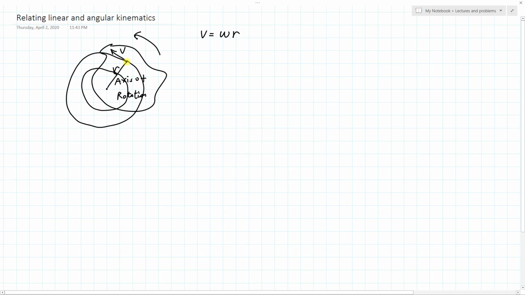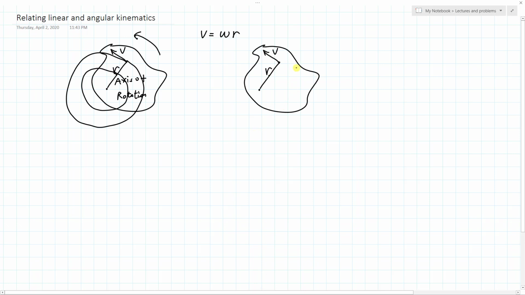So that requires the linear speed to increase, right? That means there needs to be an acceleration along this direction. But we also know that in order to even maintain that linear speed, we need this centripetal acceleration. So now we could have two separate accelerations, right?